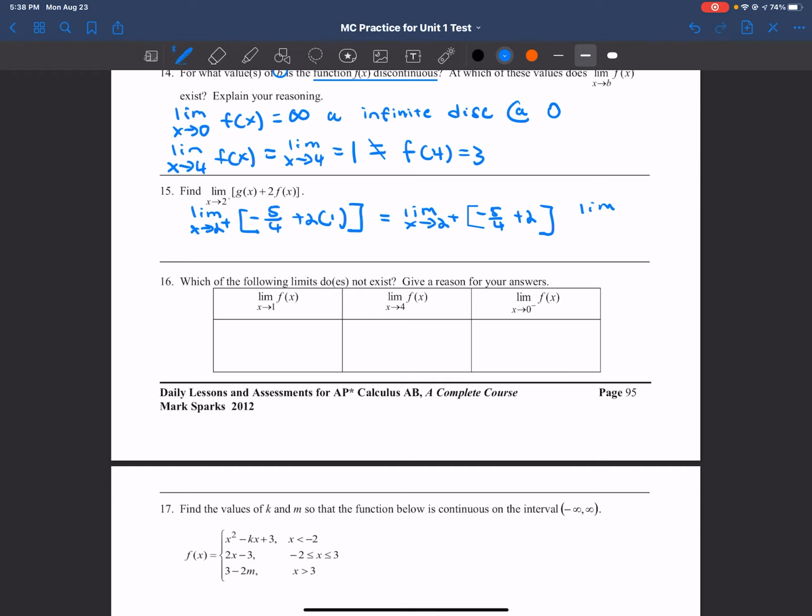Now you need to find the common denominator, which will be 4, and then you get 8/4 minus 5/4, and it will give you the answer, limit x approaches 2 equals 3/4.